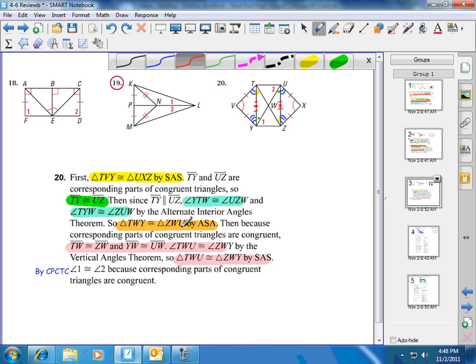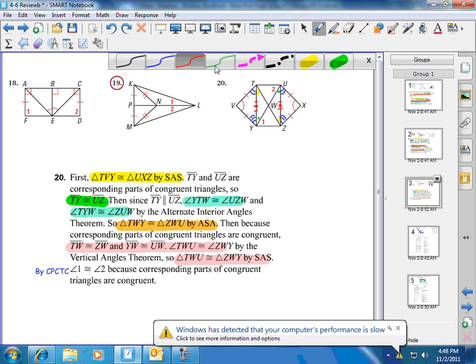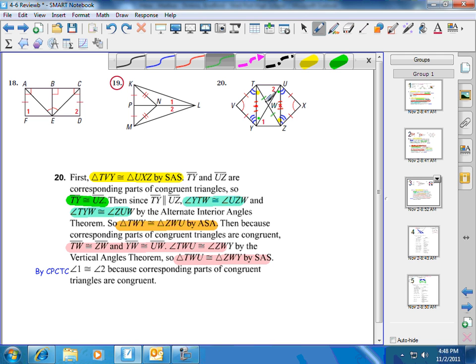All right. That means that TW is congruent to ZW. Okay, these two triangles are congruent, so TW is congruent to ZW.